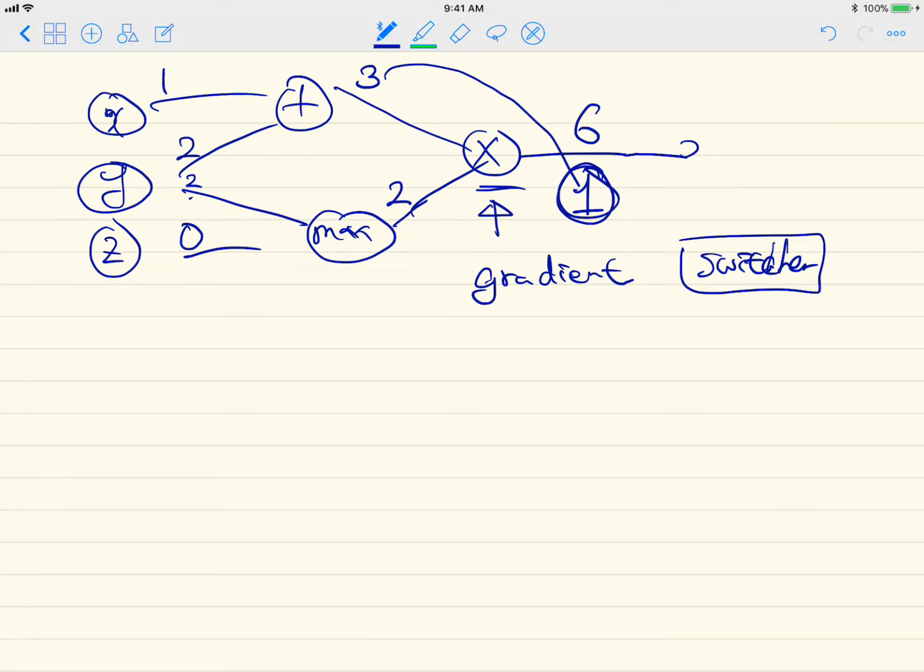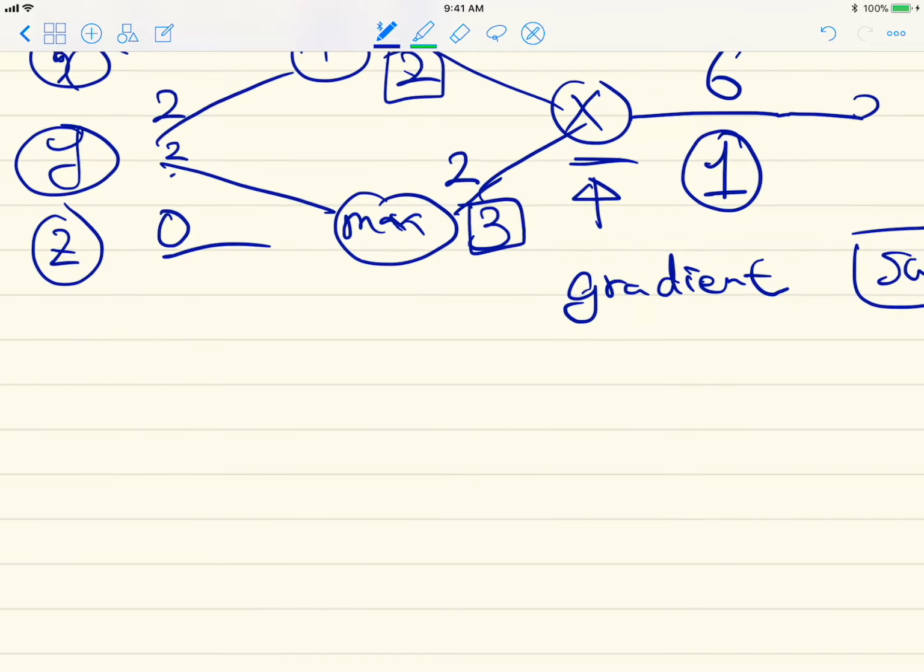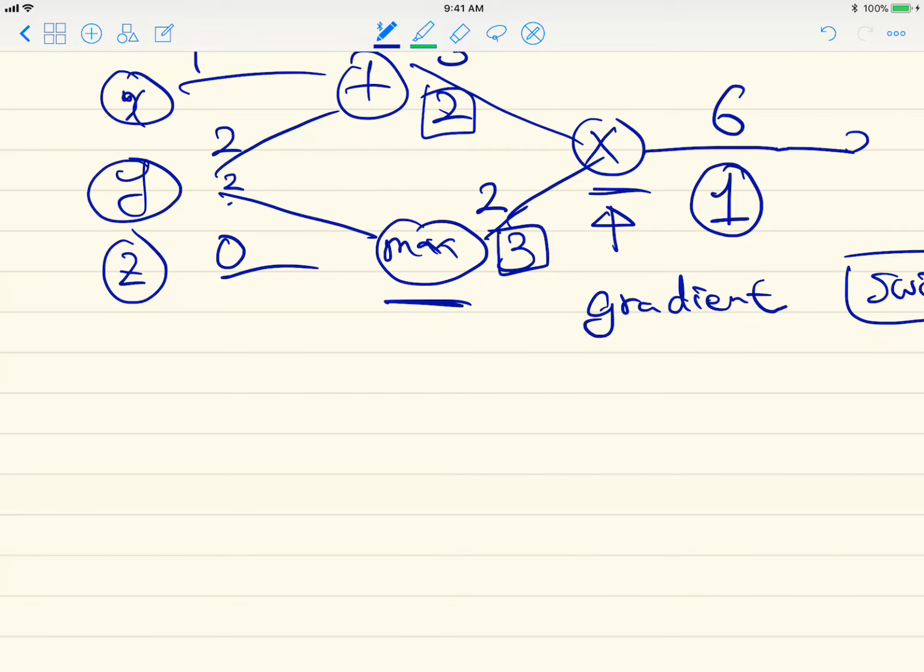This is multiplied with this one, and that will form the gradient over here. So this guy and this guy will form the gradient over here, so it will be 2. We usually write the gradient below this edge. Now from this max gate, where is this gradient flowing?